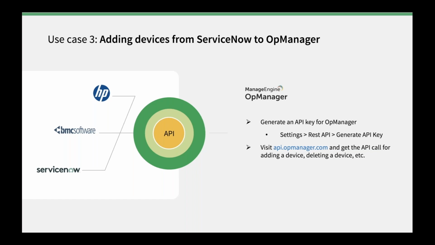You can simply integrate this with REST API, and you can write a script to read all the list of assets in ServiceNow, and just by hitting the script file using the APIs, it is going to add all the devices in OpManager automatically.